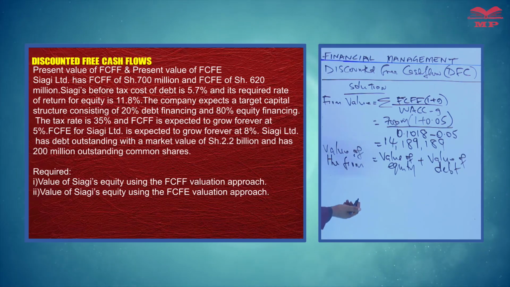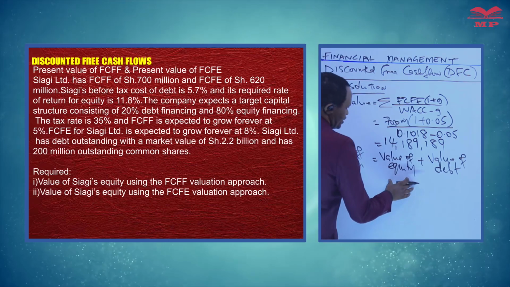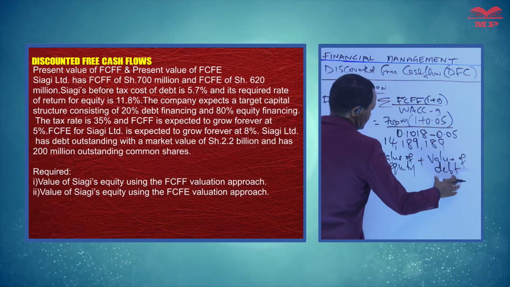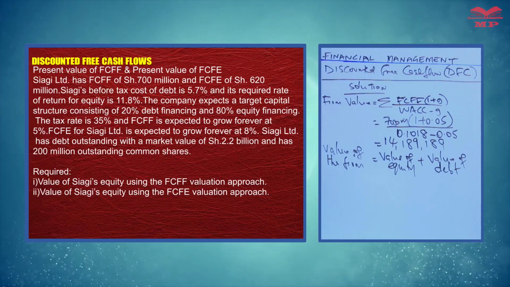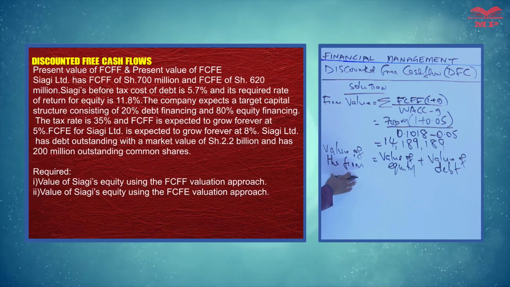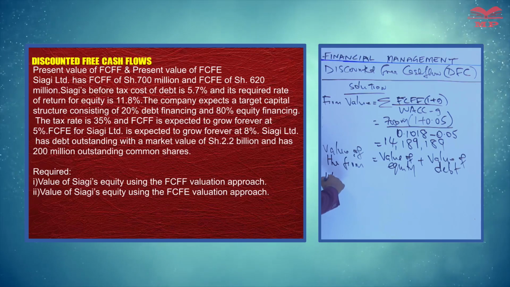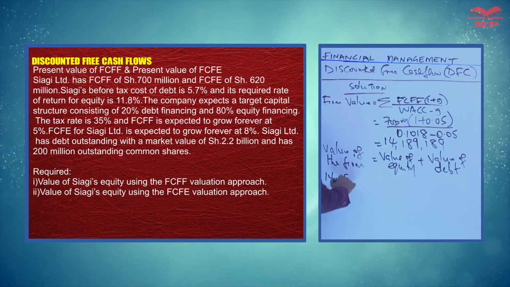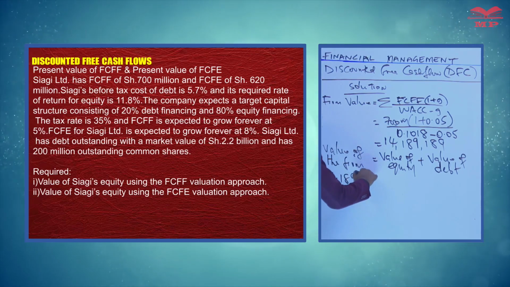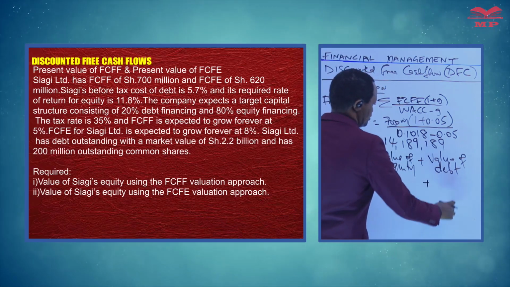This is true. The value of the firm, the whole firm, will be equal to the value of equity plus value of debt. Now, if the value of the firm is 14,189, and from the question we have the value of debt.